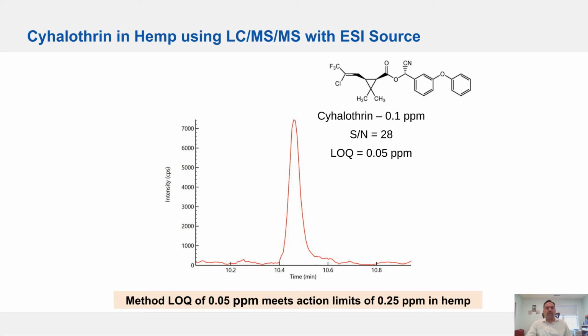So when we say the LOQ in this case is 0.05 ppm, that means that the hemp extract had a concentration about 10 times lower, about 0.005 ppm, when we were measuring this compound using ESI ion source. So we account for both the dilution factor of our sample preparation method, which is 10, and we pre-spike hemp matrix to determine these LOQ numbers.